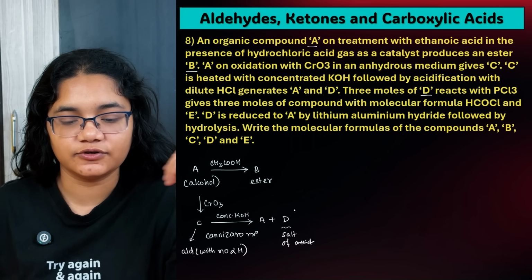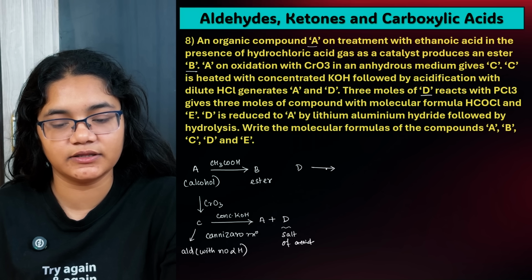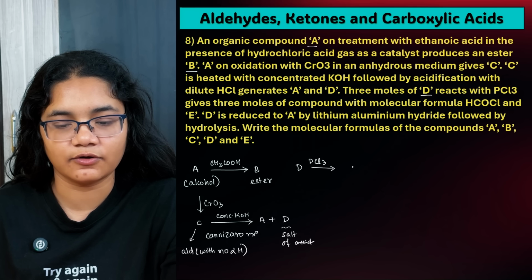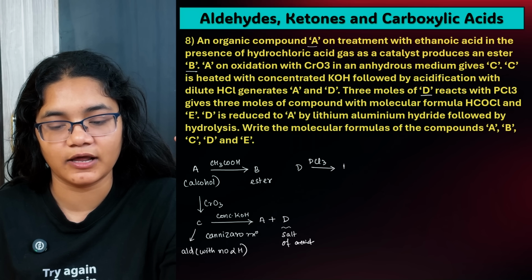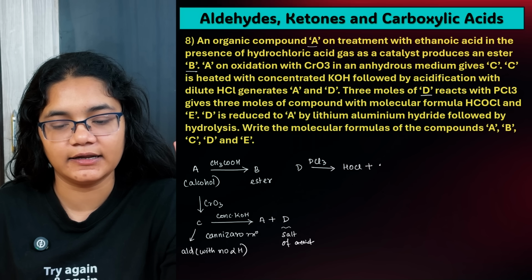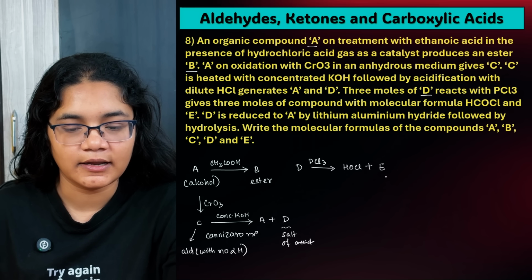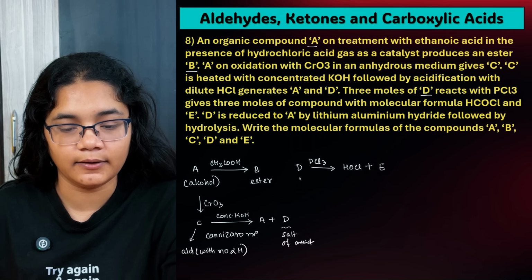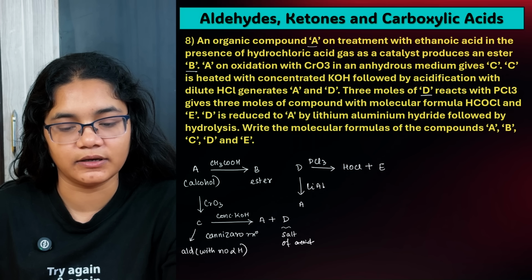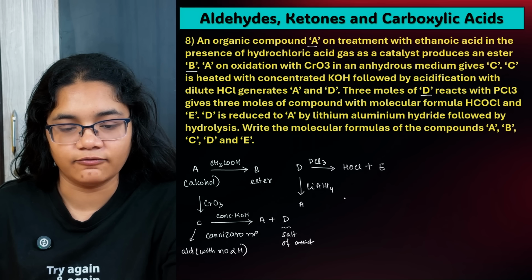Okay, then 3 moles of D reacts with PCl3, gives 3 moles of the compound with molecular formula HOCl. Okay, so this is forming HOCl and E is formed as a byproduct. D is reduced to A with lithium aluminium hydride, followed by hydrolysis.